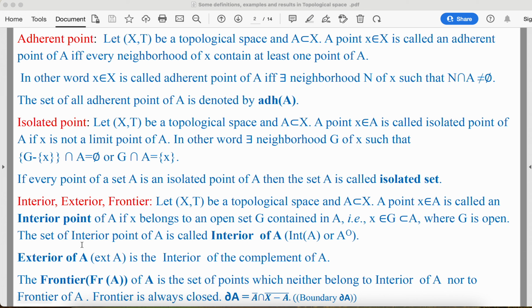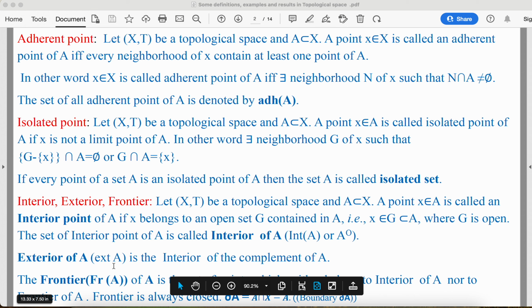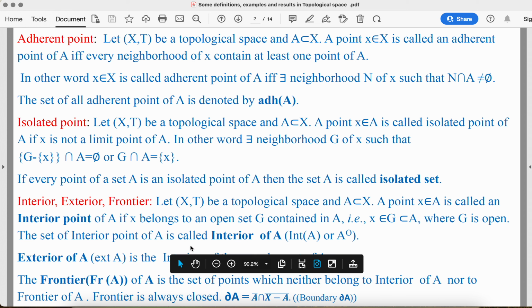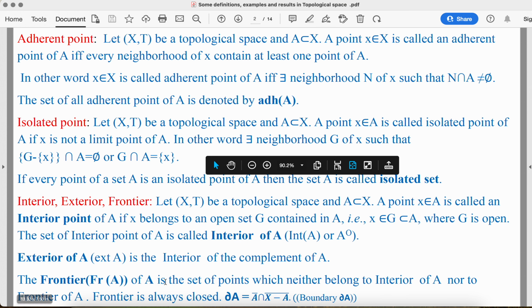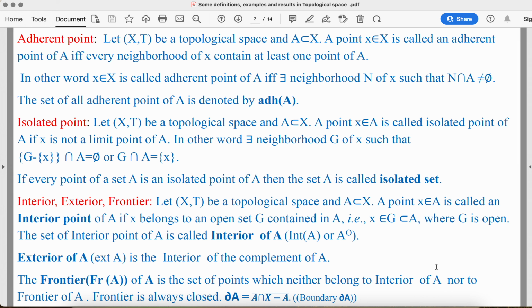And the exterior of A is the interior of the complement of A, and we denote it by writing ext A. And the frontier of A is the set of points which belong neither to the interior of A nor to the exterior of A. Frontier of A is always closed.